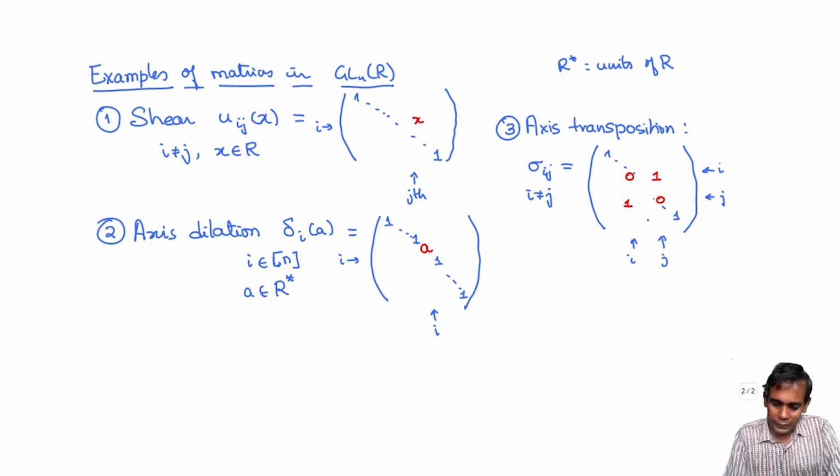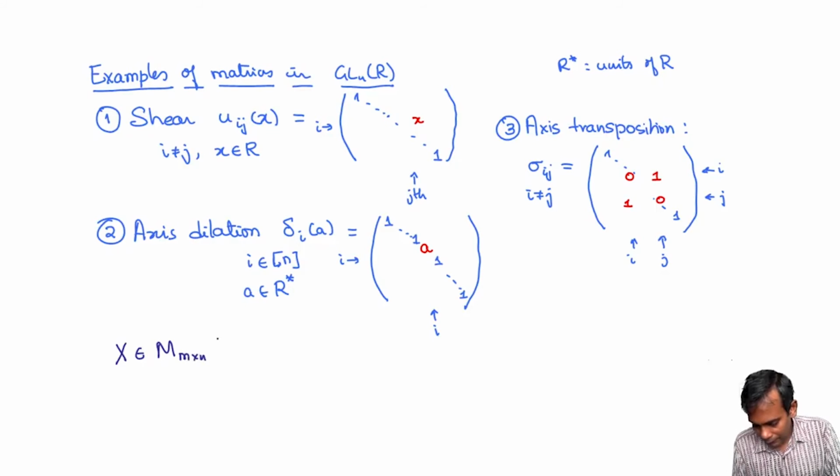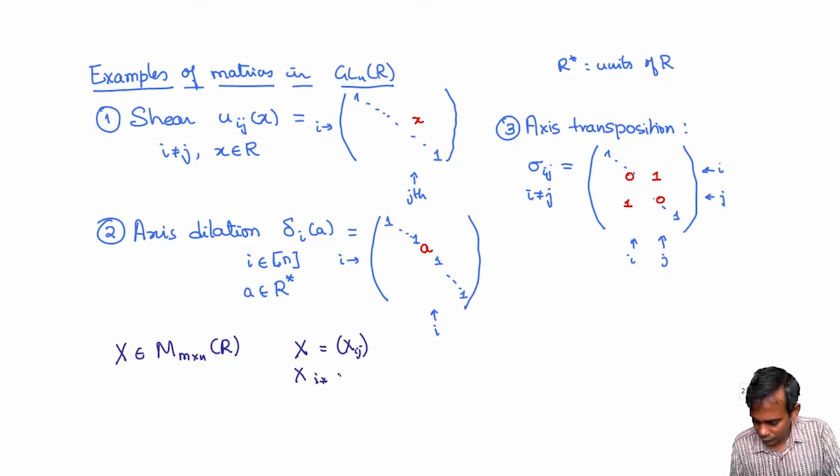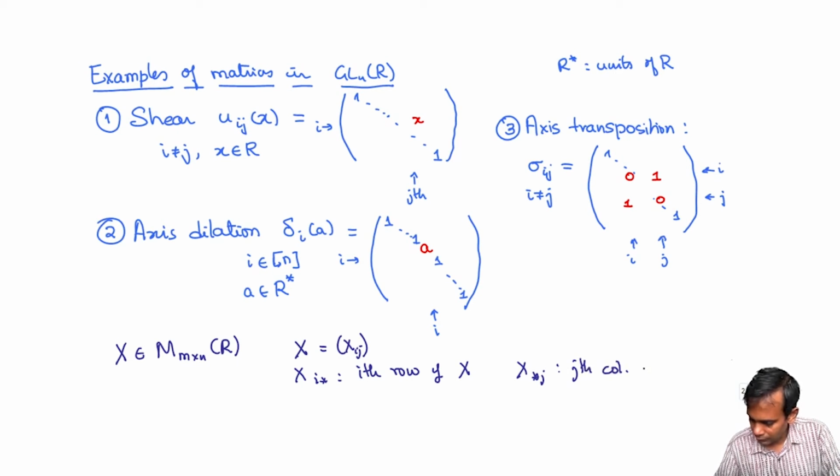I'll have some more notation that I want to introduce. If X is a matrix in M_n(R), then I'm going to say that the ijth entry of X is X_ij, X_i* denotes the ith row of X, and X_*j denotes the jth column of X. So the ith row of X will be thought of as a row vector, and the jth column of X will be thought of as a column vector.